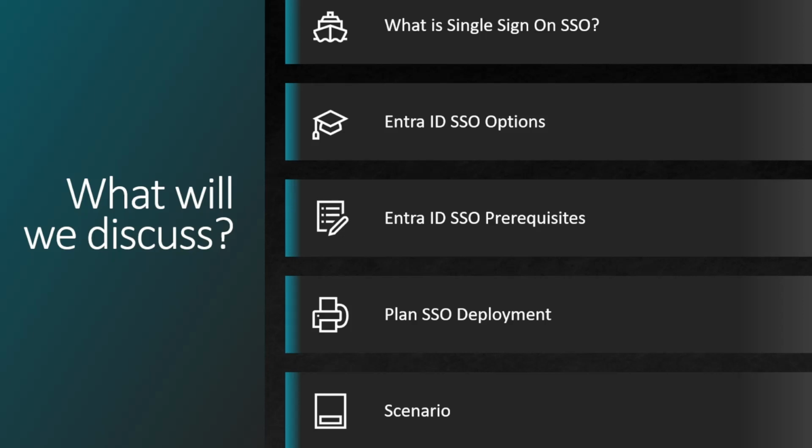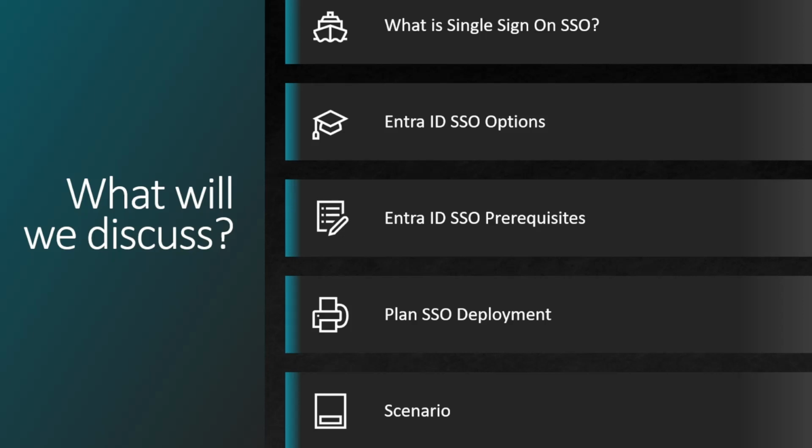We'll then look at the prerequisites for implementing SSO in Entra ID. We will then see how to plan for deploying single sign-ons. And finally, we are going to look at the scenario that we are going to be working with when we get into the console. That is the practical aspects of this video.